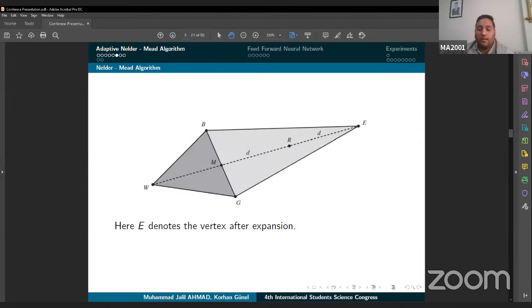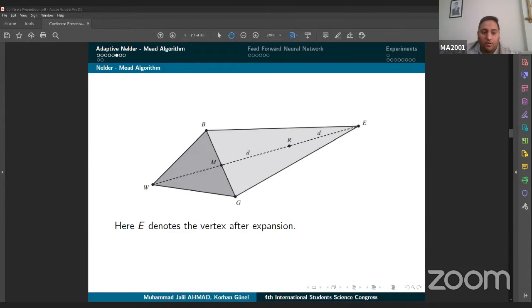So before getting to step number 4, let's consider the example which I gave earlier. R was our reflection point. Now expansion: after calculating our function at the R point, we couldn't find a lesser value of our function.